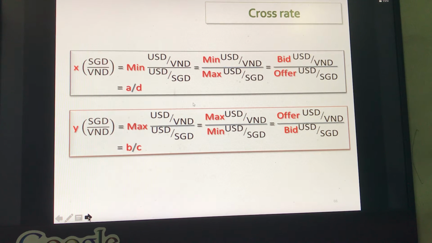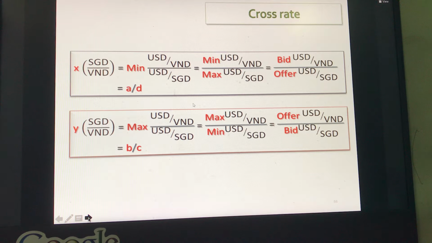And because we know that the bid rate is always less than the offer rate, we calculate X as the min of a ratio between these two exchange rates. The X, or the bid rate, is the min. Meanwhile, the offer rate, or Y, is the max of a ratio between these two exchange rates.